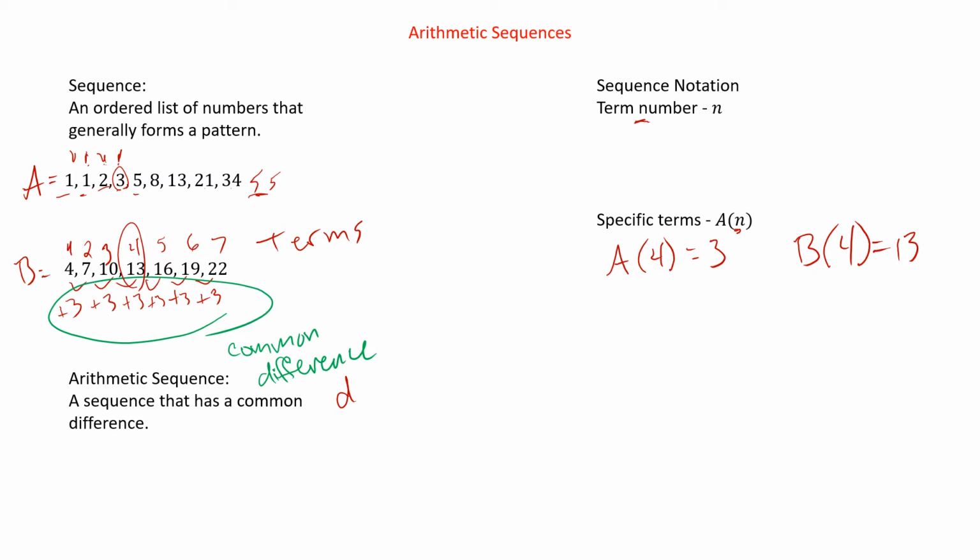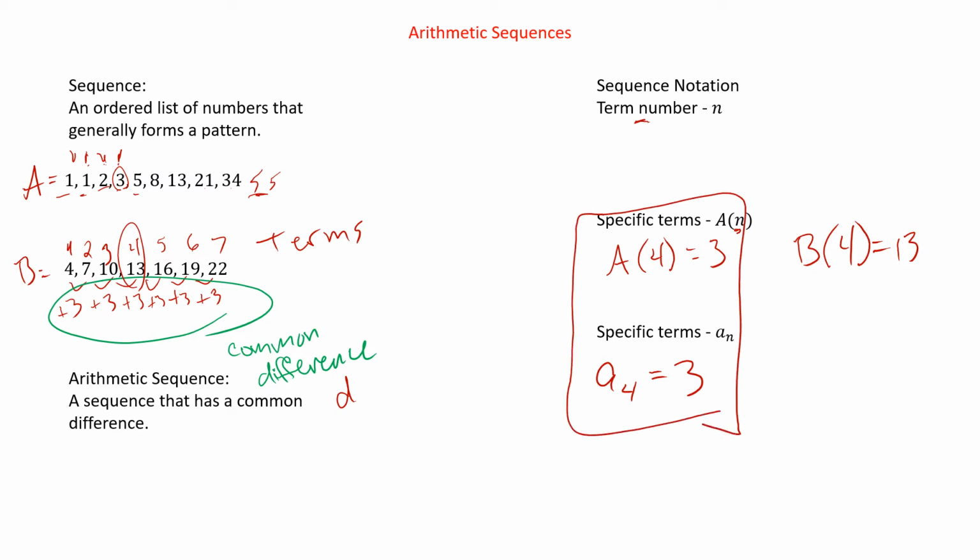Another way of notating a specific term, as opposed to using function notation, we can use a subscript notation. So a sub n would be the nth term of sequence A. So in this case, we could have a sub 4 is 3. These two things are exactly the same.